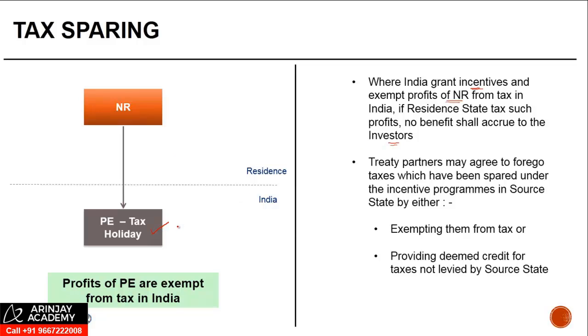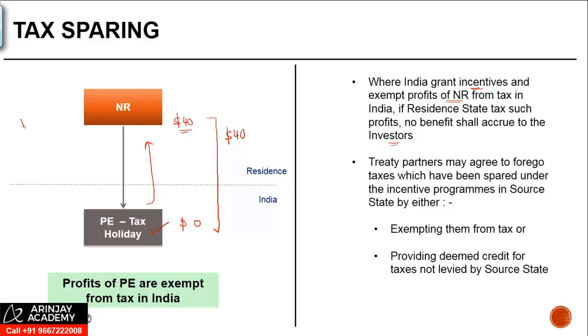So effectively, suppose this PE is into exports and for any reason the Indian government exempts the profits arising from such export. If the Indian government levies a profit tax of 0 on these profits, but these profits are included by the non-resident in the taxable profit of this company and they charge a tax of $40, the total tax he pays is $40.